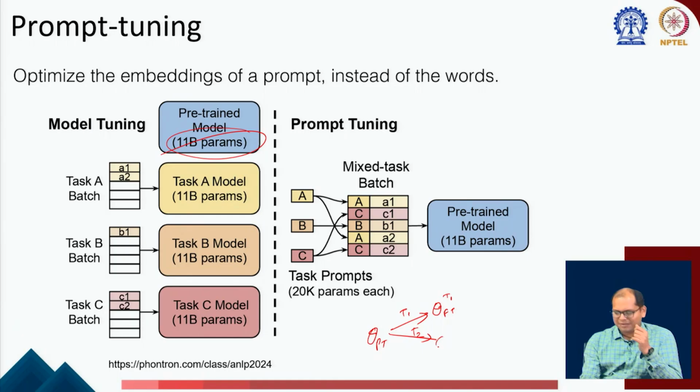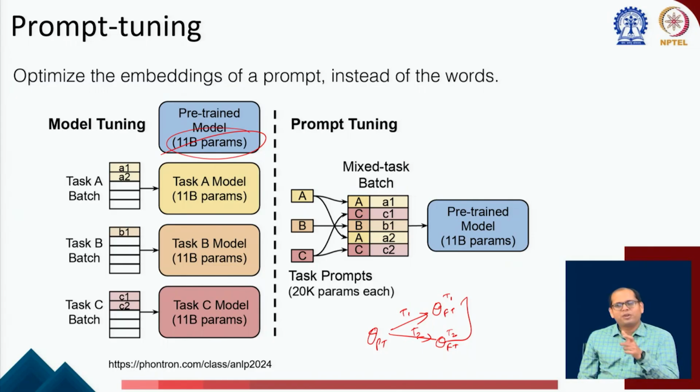For another task, I'll have theta fine tuned for task 2. I'll have separate parameters per task. And suppose your model has to cater to different tasks, you will have to store all of these parameters at inference time if you want to cater to multiple such tasks. That means you have many copies of these 11 billion parameters that you have to store.